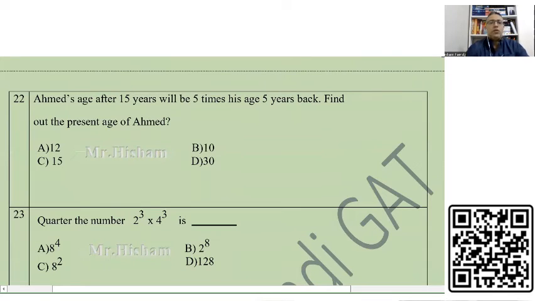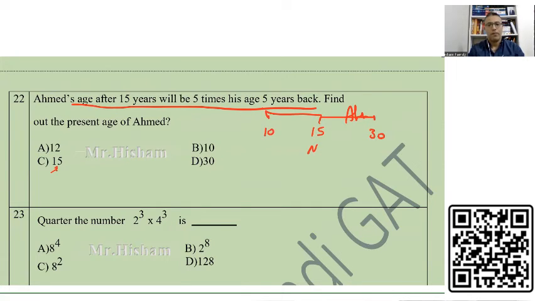Question number 22. Ahmed's age after 15 years will be 5 times his age 5 years back. What is his present age? Let's assume, for example, that his age is 15. So after 15 years, it's going to be 30, and 5 years back, his age was 10.